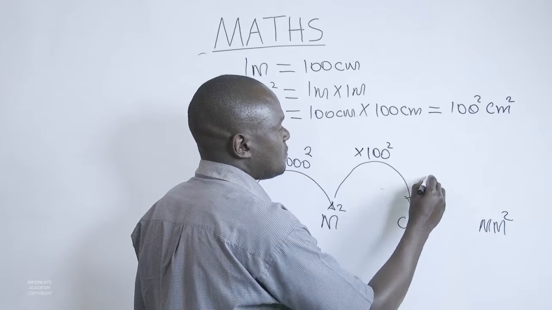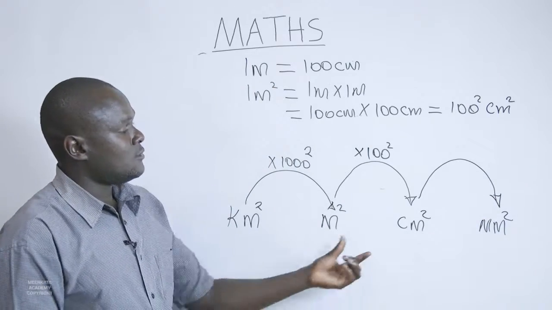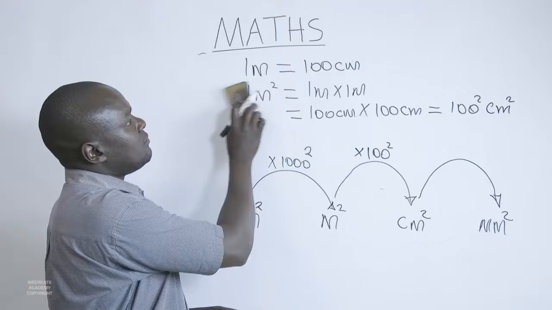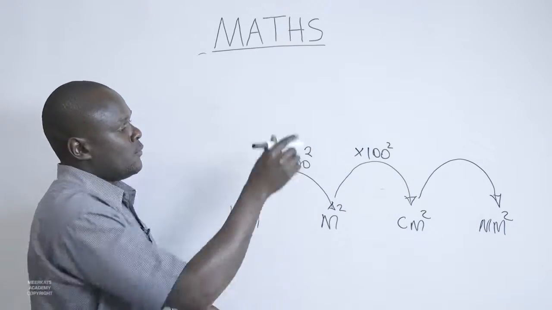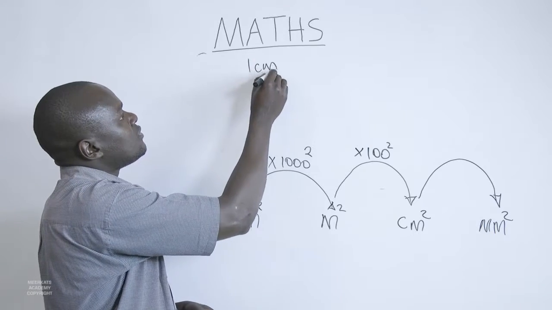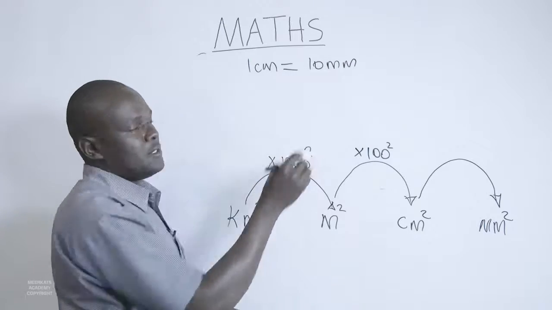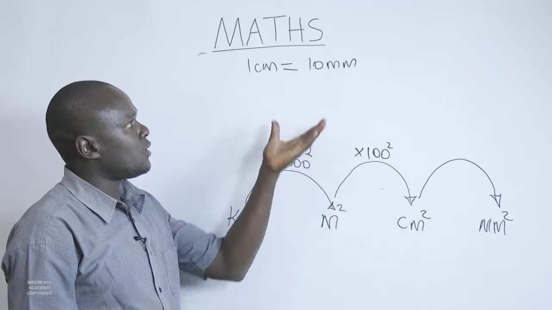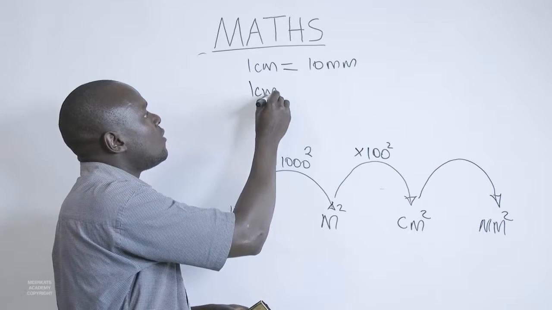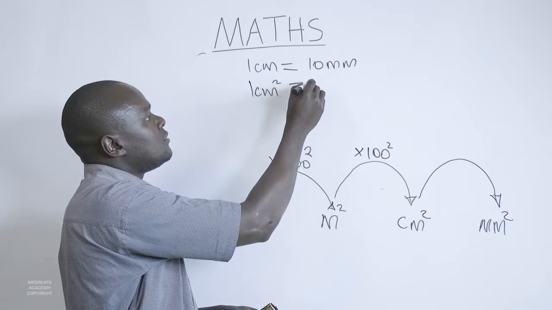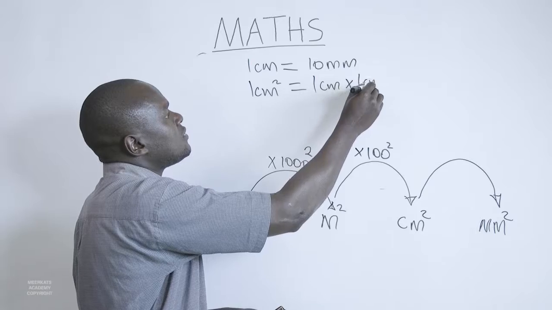The same concept can be applied when we want to move from centimeter squared to millimeter squared. We will have 1 centimeter being equal to 10 millimeters. This one we have already learned in our previous lesson. So 1 square centimeter will be the same as 1 centimeter multiplied by 1 centimeter.